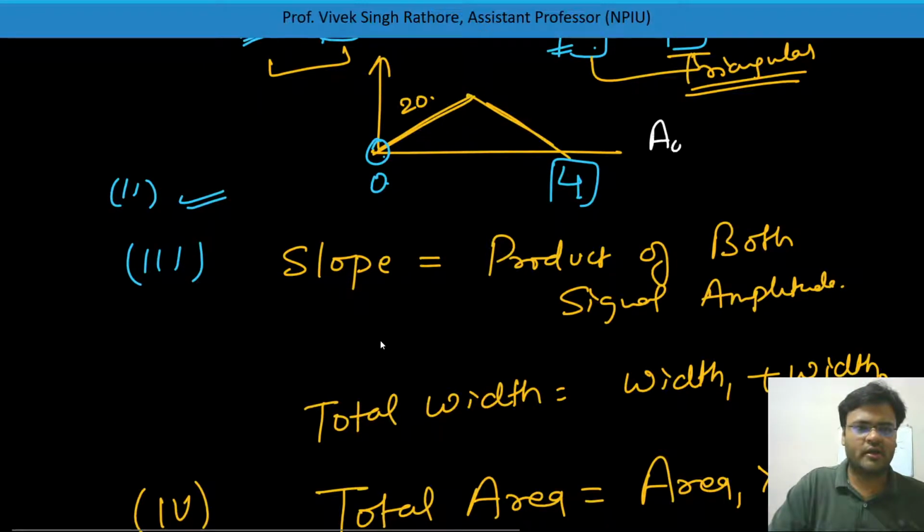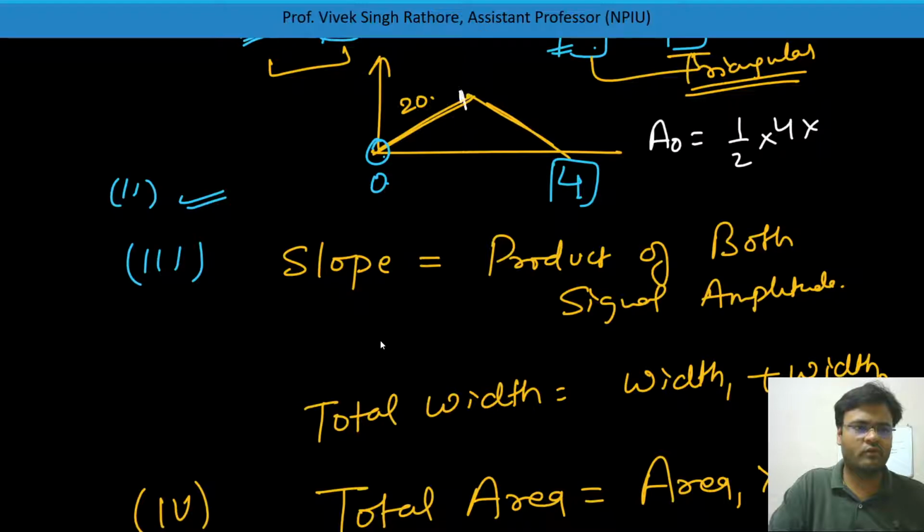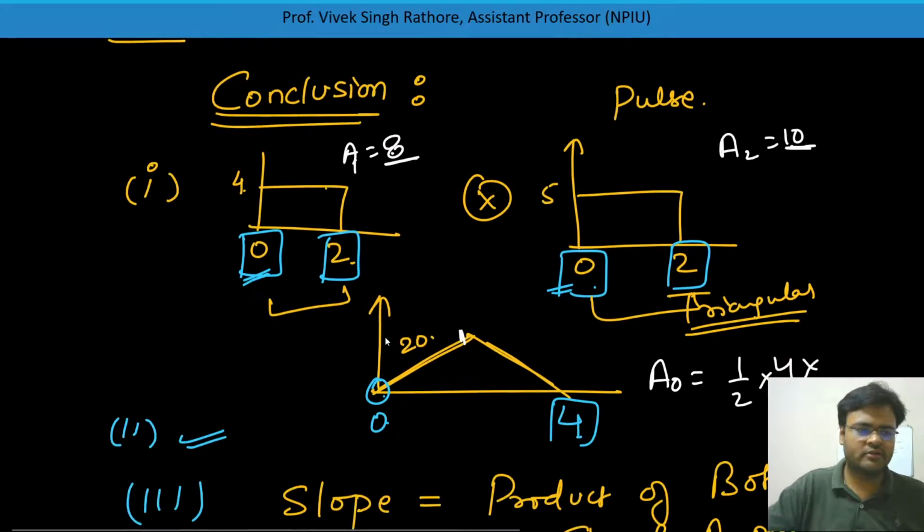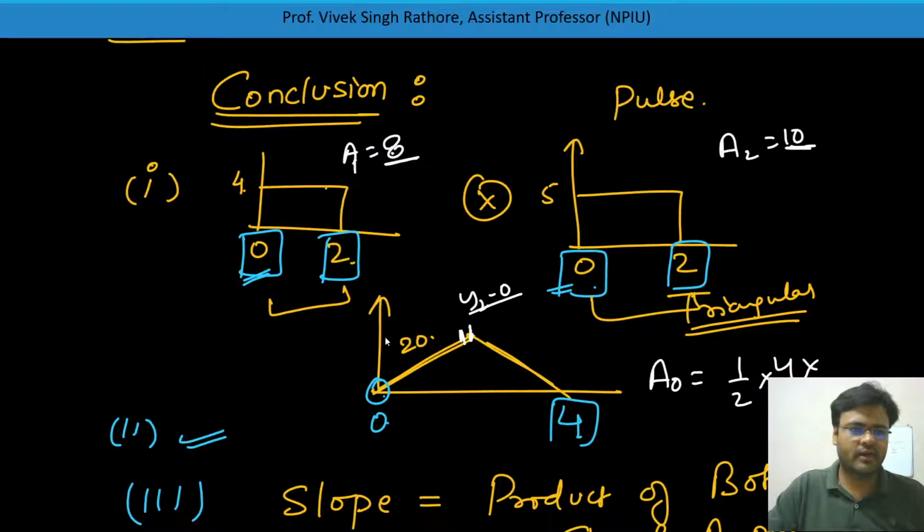Output area is equal to half into base, which is 4, into height. What was the height? You can see the slope is 20 only, so you can calculate (y2 minus 0) by x2, I think t is equal to 2. So 2 minus 0 is equal to 20, so y is equal to 40.